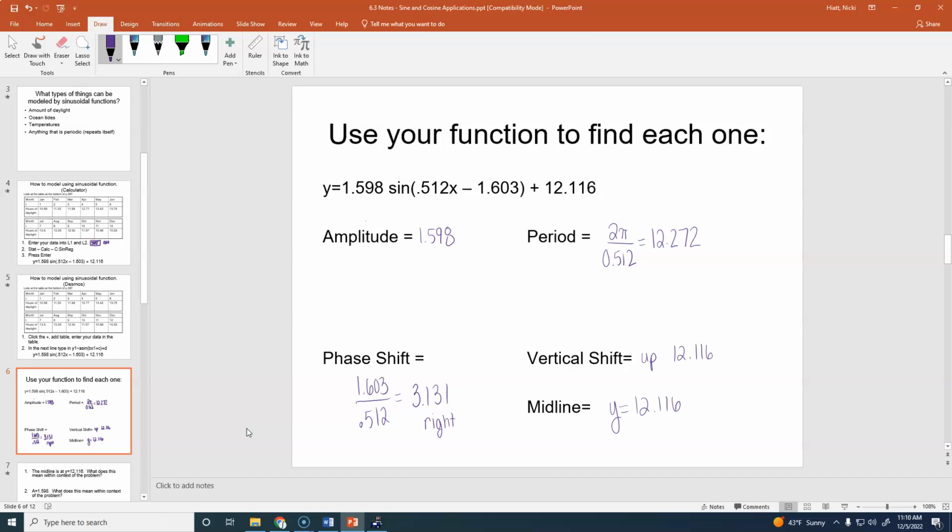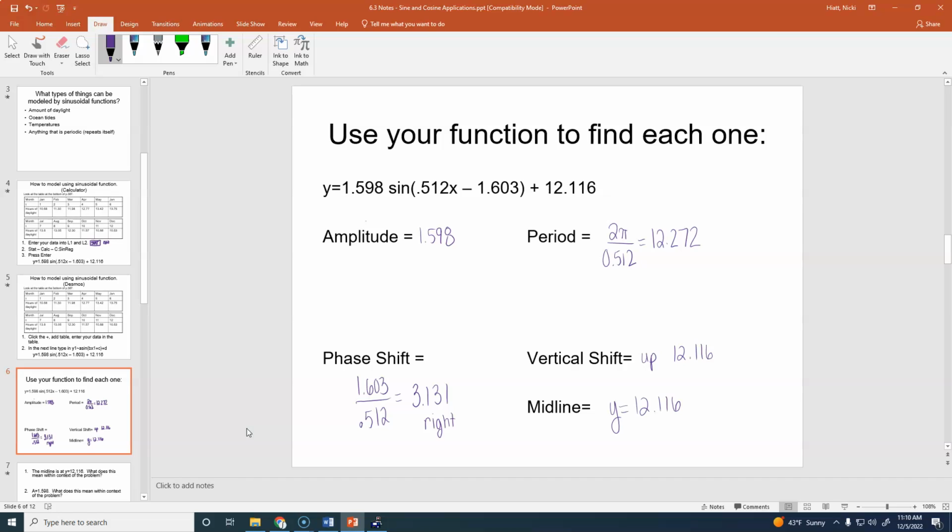I wanted us to find all of this first so we could see you find all of these things the same way that you do with the other problems.